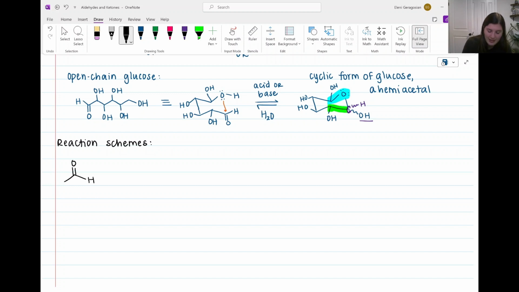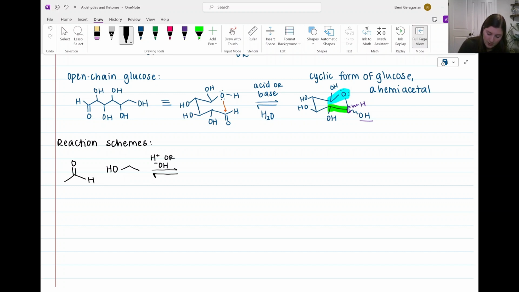If we start with an aldehyde and we add an alcohol, for this reaction scheme, we'll draw ethanol. Then we have an acid or base present in solution. These reagents can form a hemiacetal.